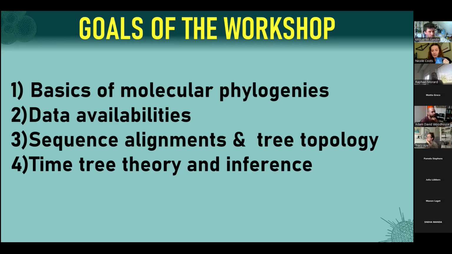Going to the basics, then to show you where to find data to do your own molecular phylogenies, then how you can do sequence alignments and infer tree topology on your own, and then the time tree theory and how to do an inference.